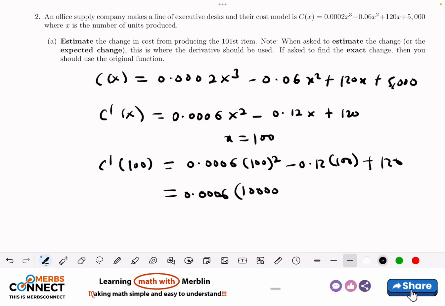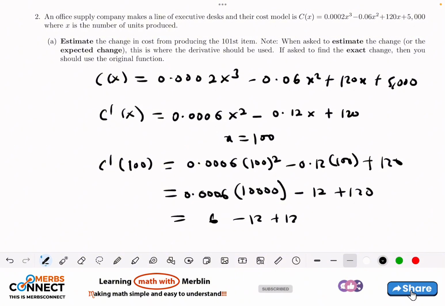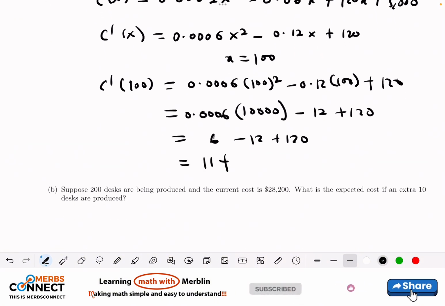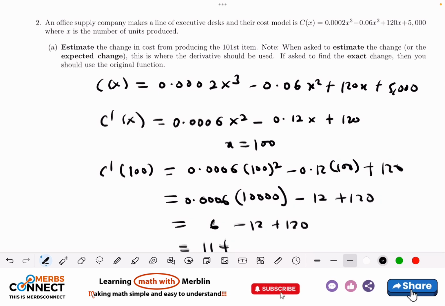Yeah, I think yes. And then minus, when I multiply this one by this one I'm going to get 12 plus 120, and this one when I multiply I'm getting 6 minus 12 plus 120, and this should give us 114. So this is what I'm going to get.